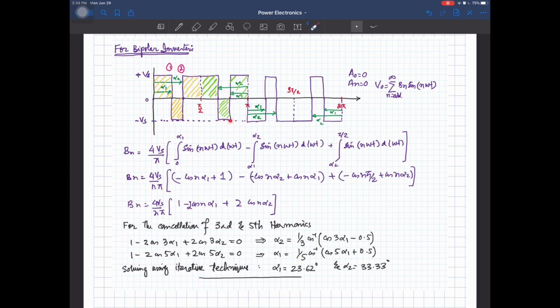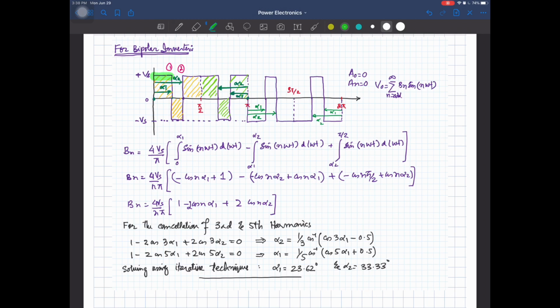So the inverter output voltage waveform is shown in front of you, but we decide the pulses in such a way that the angles remain the same. This angle is alpha 1 and then this angle is alpha 1, that you can observe. Similarly, the angle of the second notch or the second edge is the same from the center point as well as from this reference point, in the positive half cycle as well as in the negative half cycle.